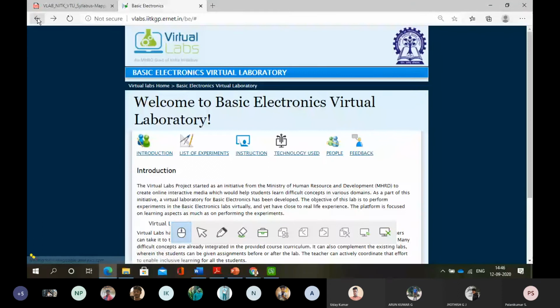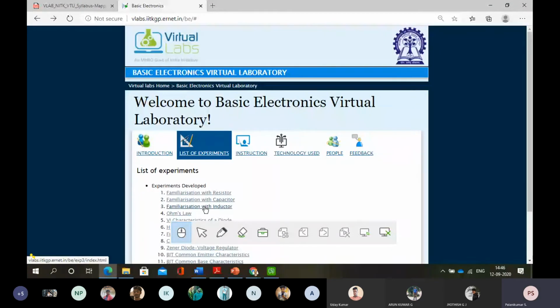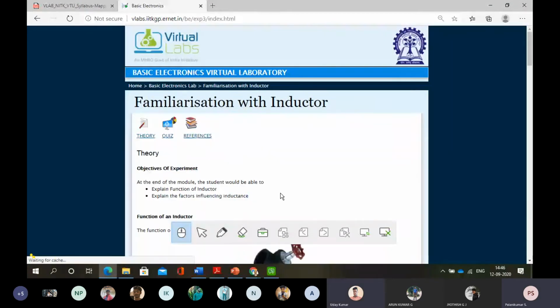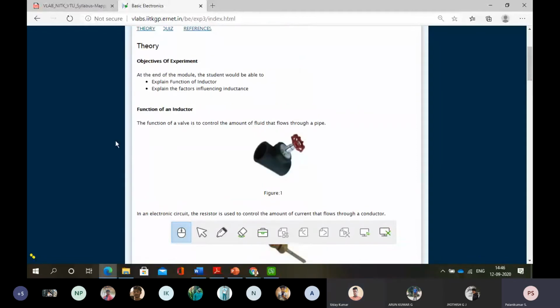Any clarification? As far as the simulation part, they have given only this much. The function of a valve is to control the amount of fluid. Similar to a resistor, it is also having that. But apart from a valve, it also stores energy like a water wheel.